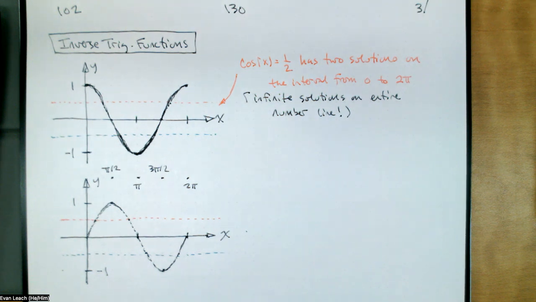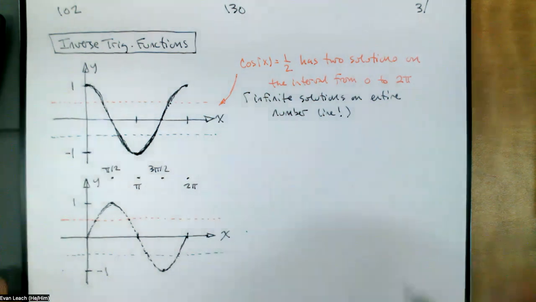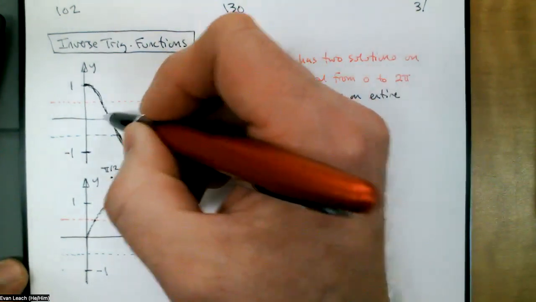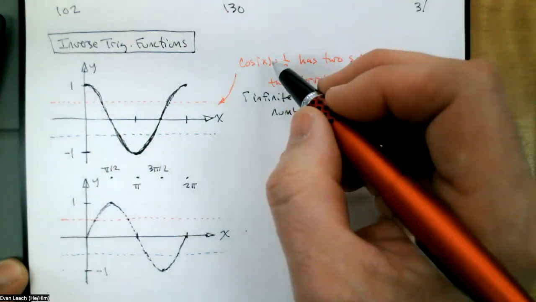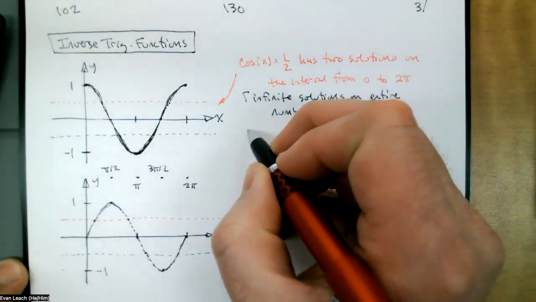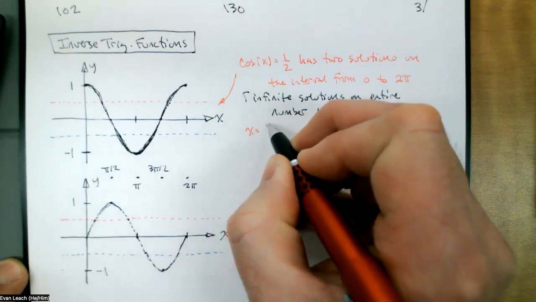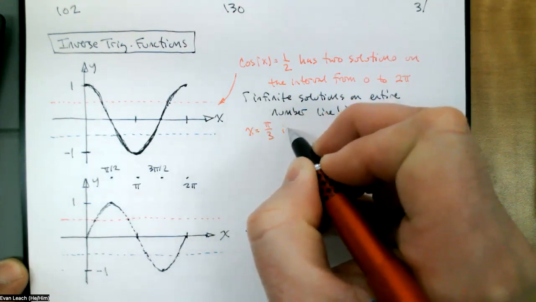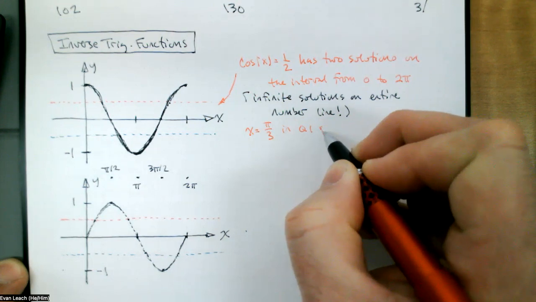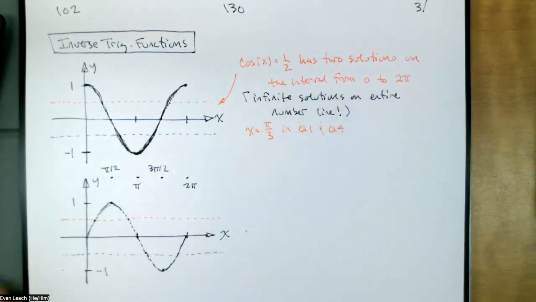We know this by finding the reference angle and placing the reference angle in the appropriate 2 quadrants. It's the first and the fourth quadrants. We have a 60-degree reference angle, which is pi over 3 radians, in quadrant 1 and quadrant 4.